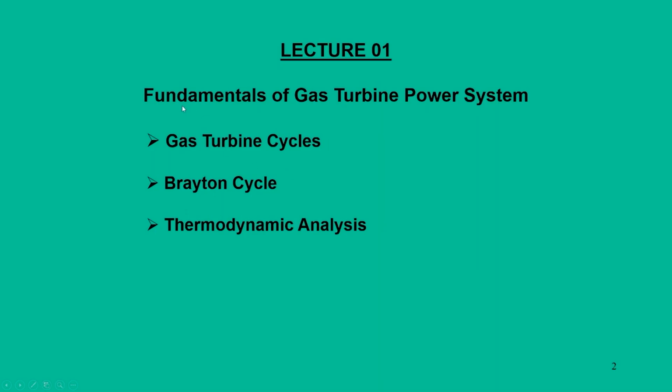In this lecture we will touch upon the fundamentals of gas turbine systems, and emphasize the various gas turbine cycles that are possible. One important thing is that for gas turbines, the reference cycle is the Brayton cycle. For example, for steam power systems the reference cycle was the ideal Rankine cycle; similarly, for gas turbines the corresponding ideal reference cycle is the Brayton cycle.